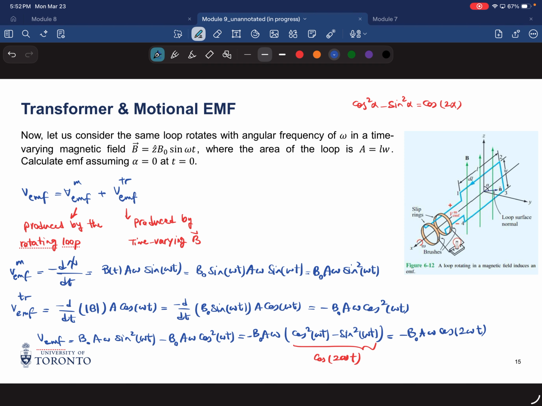Let's take a minute to see what we just did. We were rotating a loop with the frequency omega. We also were changing a magnetic field by the frequency omega as a sinusoidal wave. Both of them are general sinusoidal functions that are changing with the frequency omega. And all of a sudden now, we created a voltage source that is changing with the frequency twice omega.